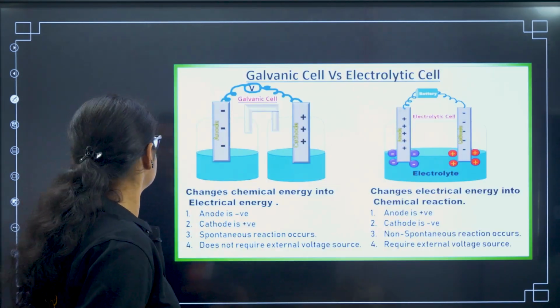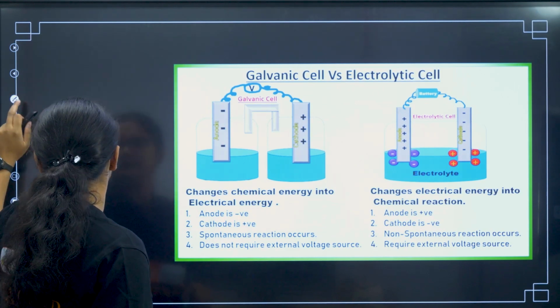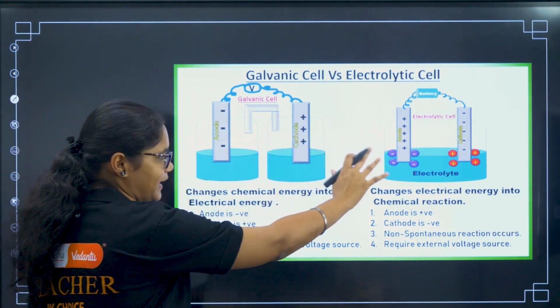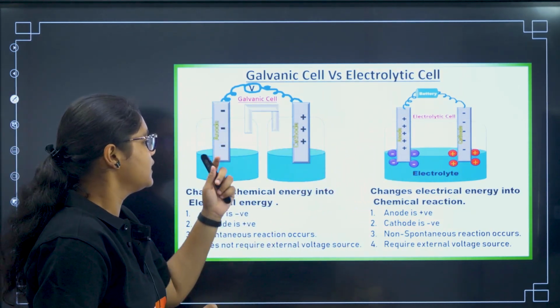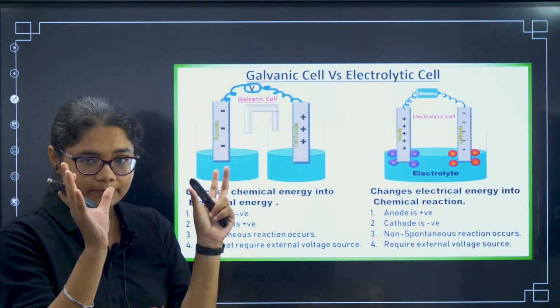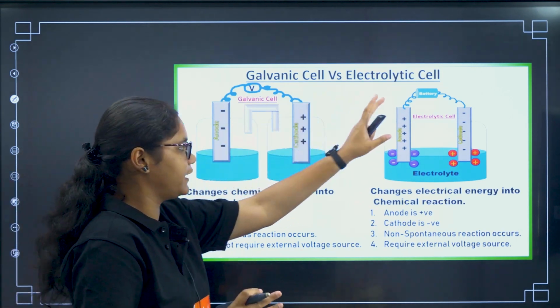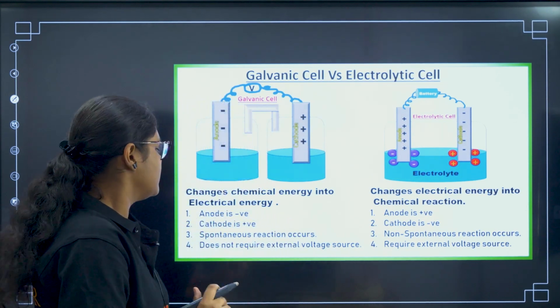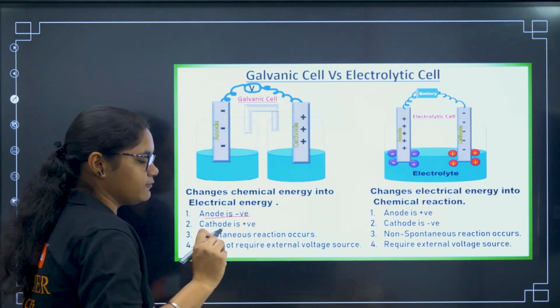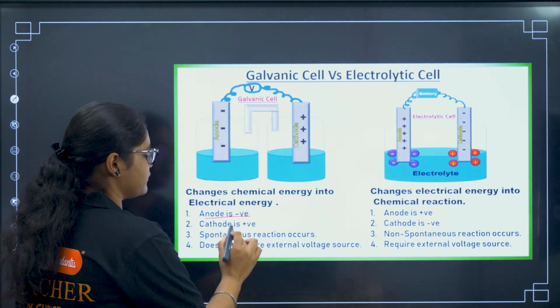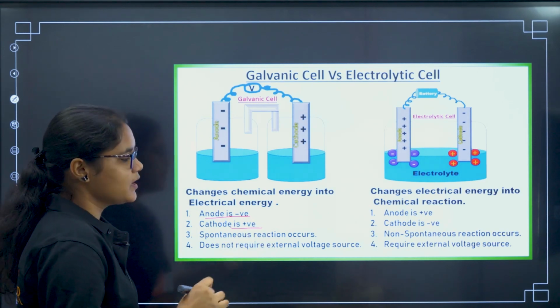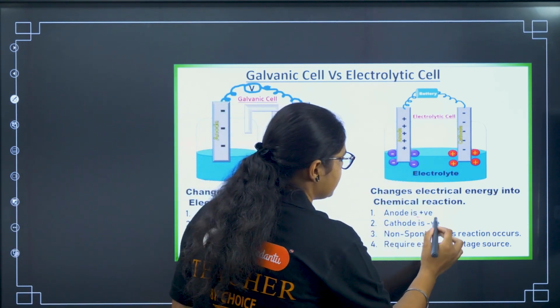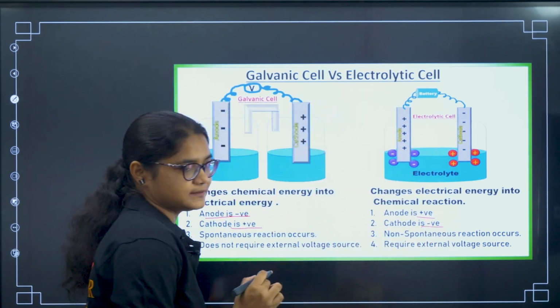Now you can see a small difference between these two. So just keep this diagram in your mind. In a galvanic cell there will be 2 containers, and in an electrolytic cell there will be 1 container where all the reactions can happen. Now in this, anode is negative, why and all we'll discuss. These points you have to remember. Cathode is positive, whereas in electrolytic cell anode is positive and cathode is negative.